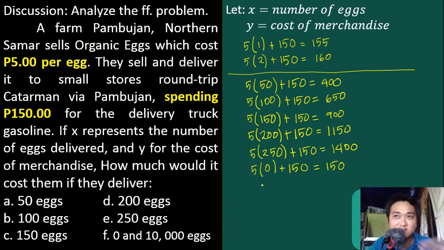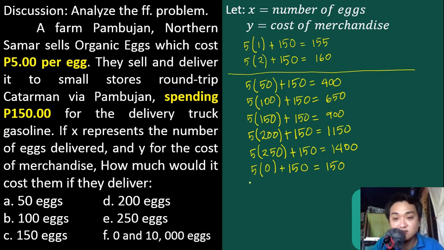O let's say kumuha nga siya ng 10,000 eggs. Oh, this is much more realistic. Ito talaga yung nangyayari kasi pag nagdi-deliver naman talaga ng itlog, yung mga truck na yan, tapos punta sa mga sari-sari stores or pumupunta dun sa mga bawat tindahan na parang nag-wholesale sila. So, again, 5 times 10,000 plus 150.